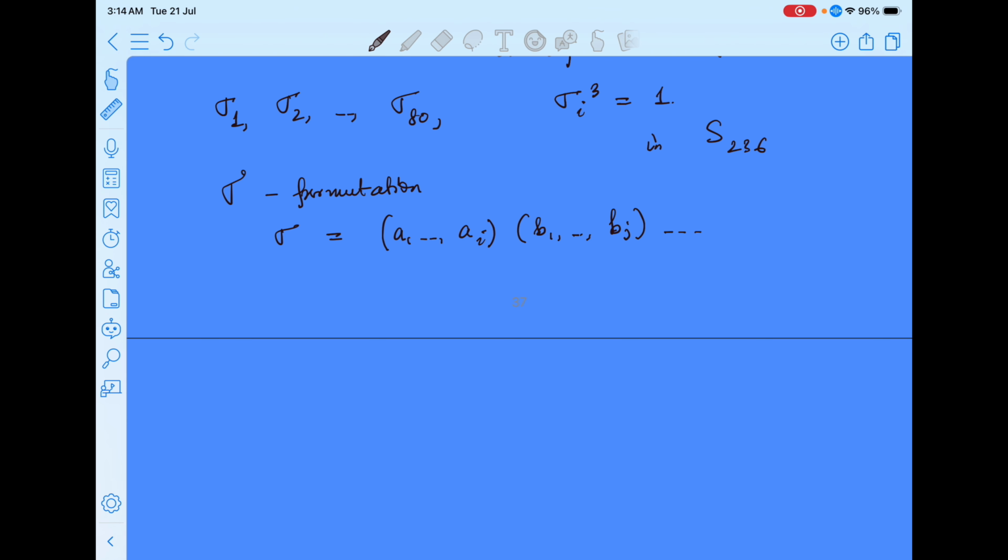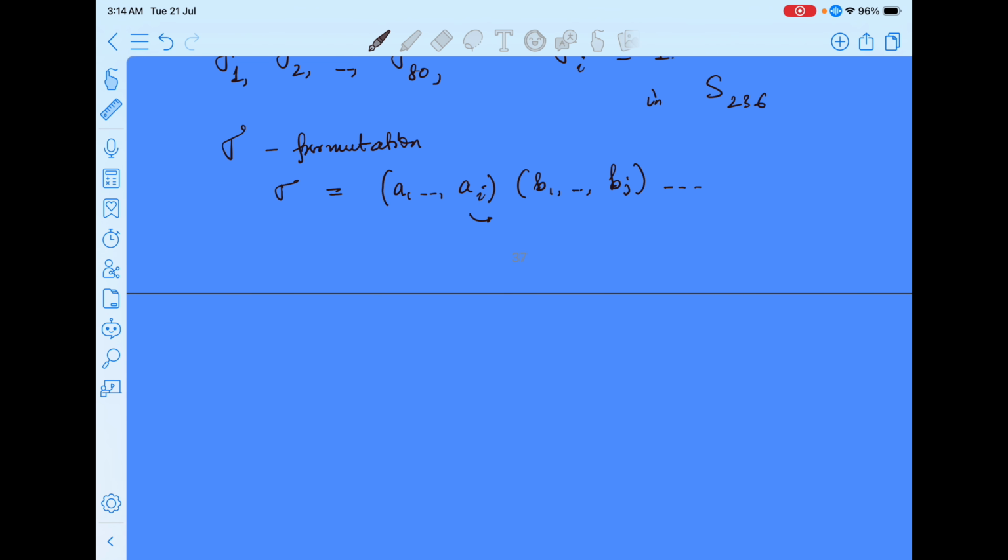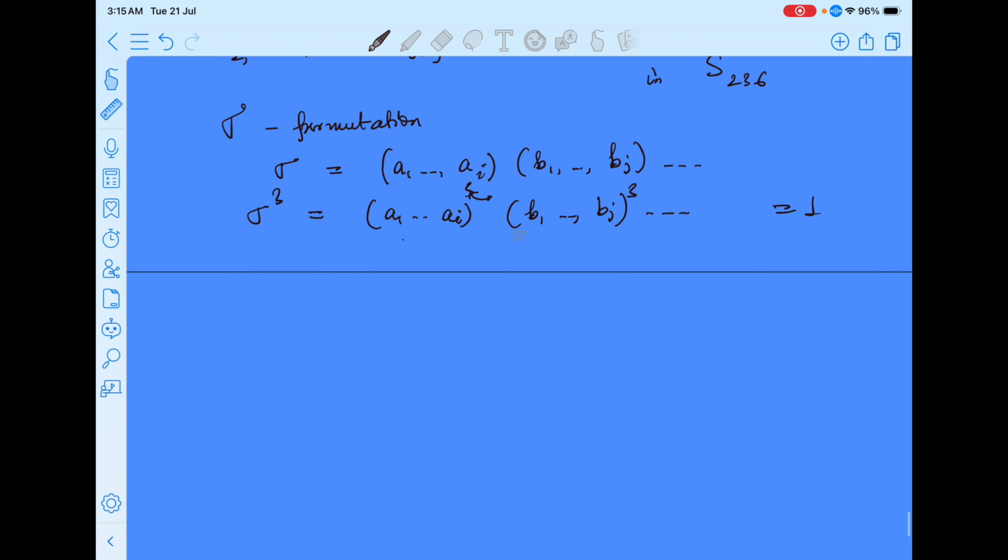And so on. So they are disjoint cycles. So if sigma cubed is 1, that means sigma_i cubed, b1 up to b_j cubed, and so on, is the identity, which means each one of them has to be identity.